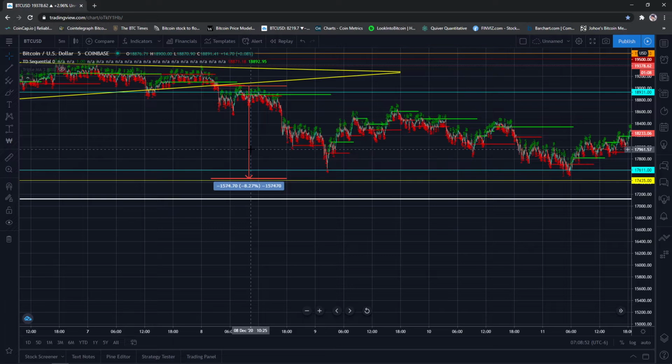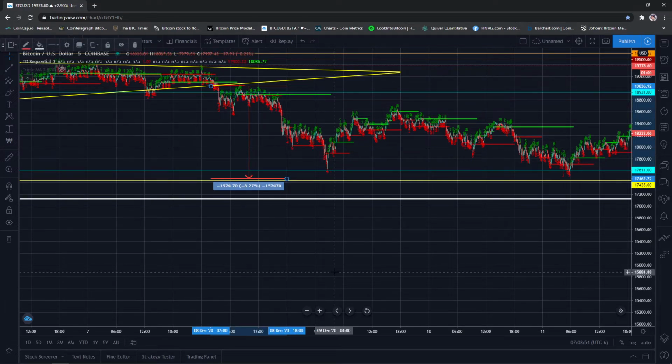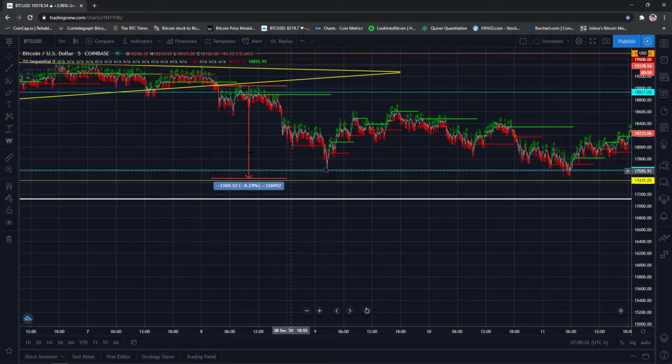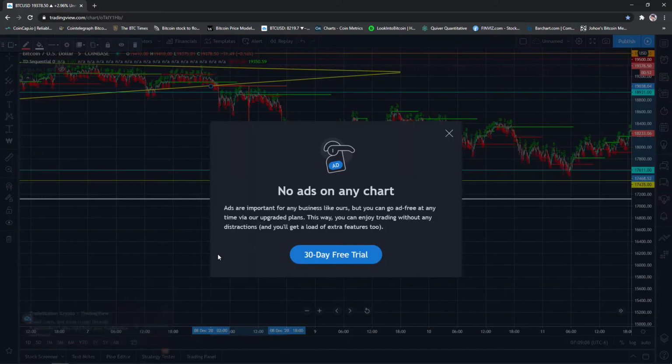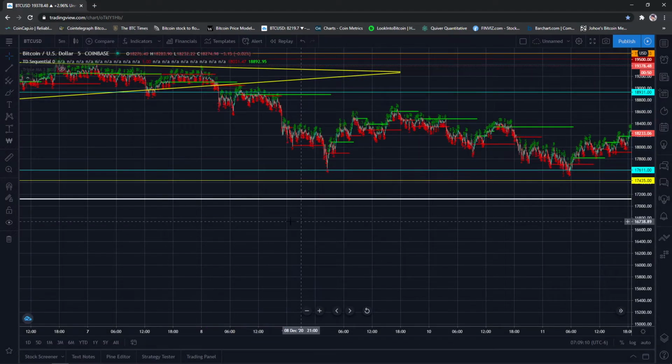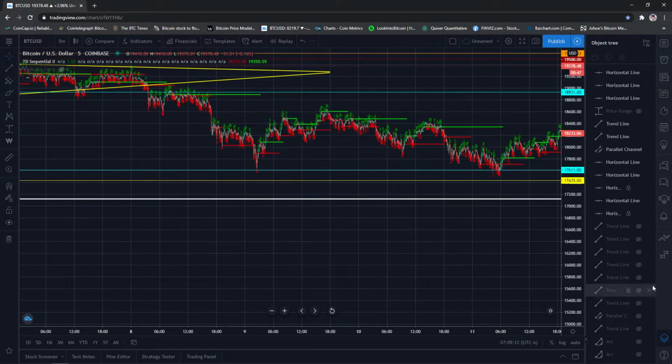All right, and then the one I just drew here, that got me all the way down to 17,462, or above that. So that's error. This one, 17,468. Even it was within what, $6, but that just shows that there's error there whenever I draw that.